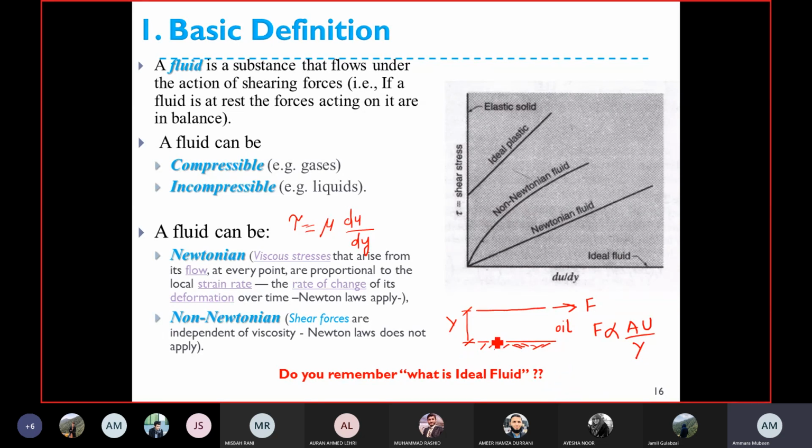Okay, and he observed that the layers are moving like this. If you apply the force on the top plate, the layers in between the two plates would have a profile, or you can say a velocity profile of those layers. If this is the zero line, the velocity profile would be like this.